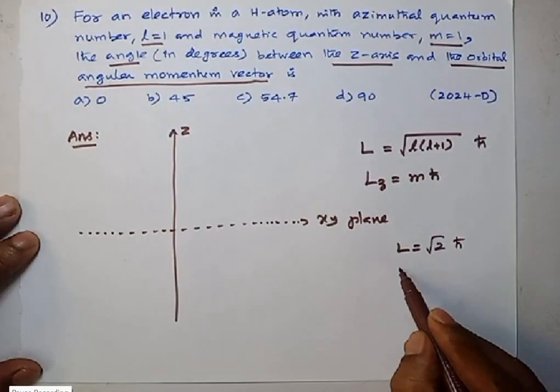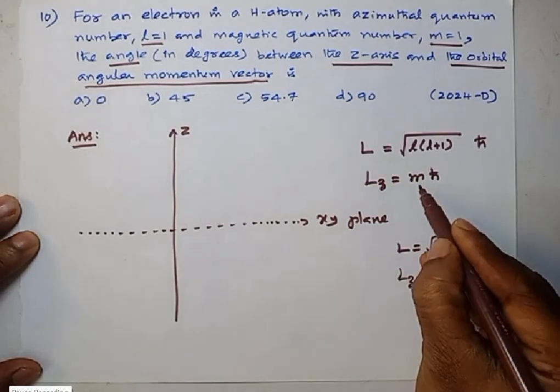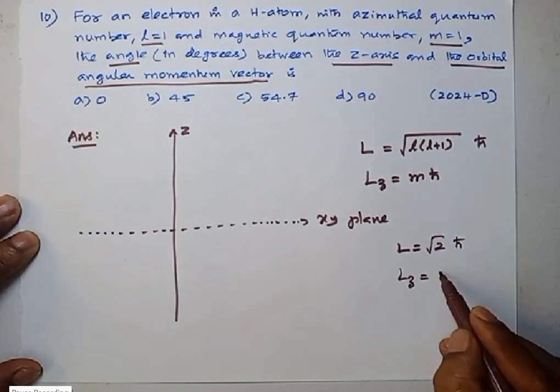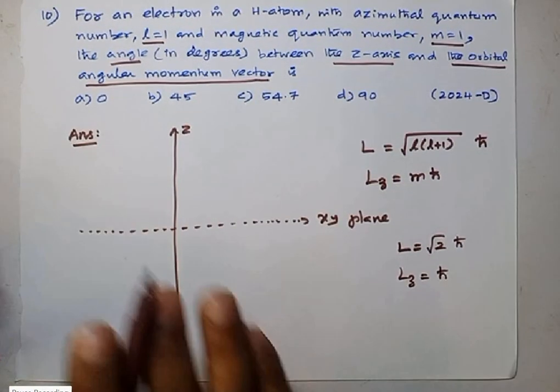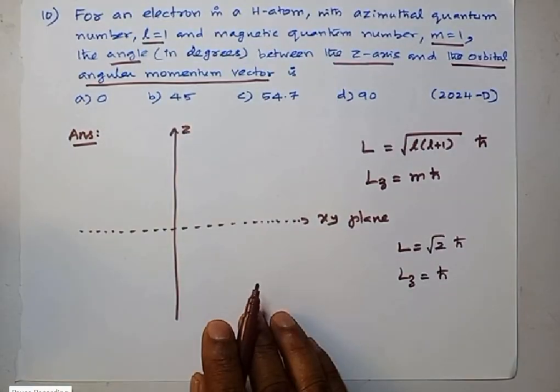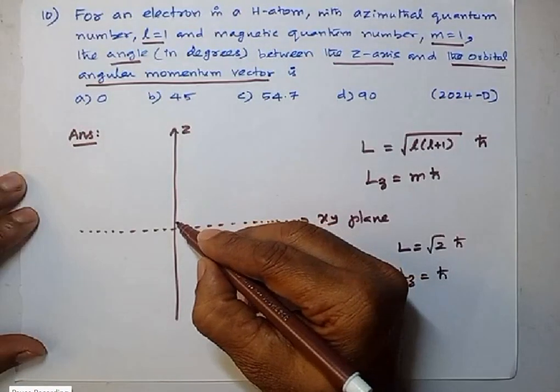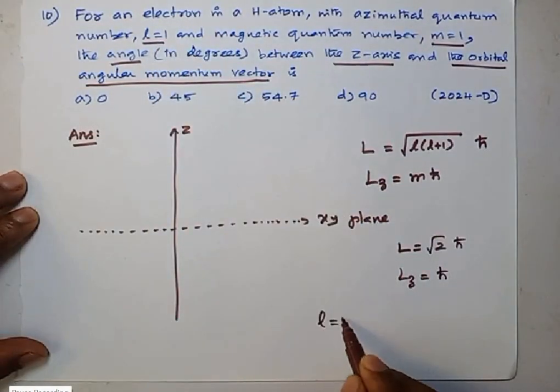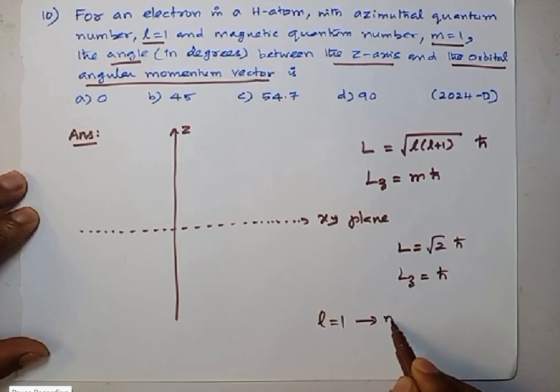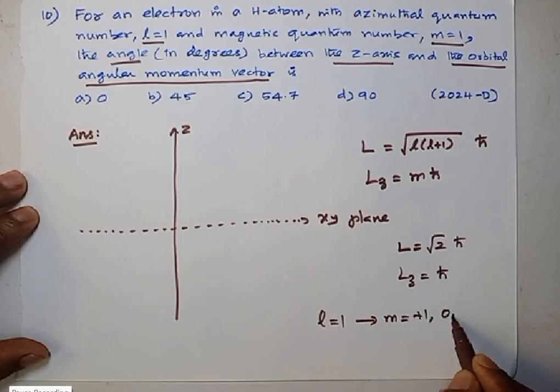And what is the z component of angular momentum? The m value is 1, so it is 1 into h cross, that is h cross. Generally speaking, observe carefully, for L equal to 1, what are the possible values of m? Plus 1, 0, minus 1.